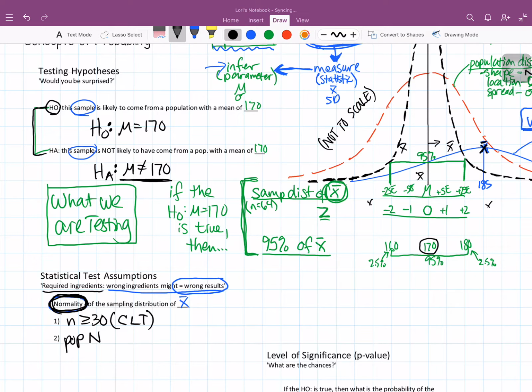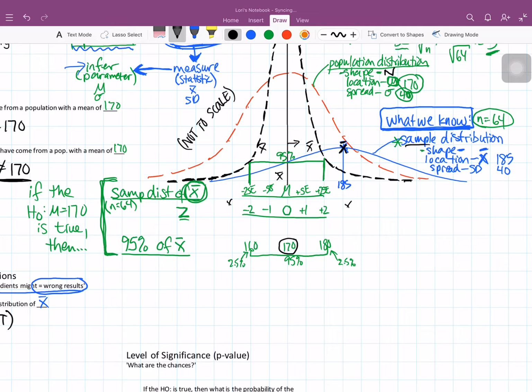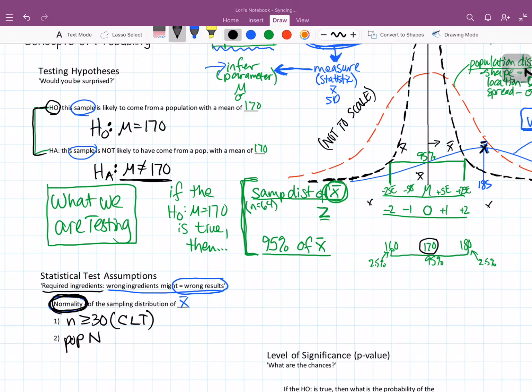Now, remember how we said we don't have the population distribution. The only thing we have is the sample distribution. But we also learned that the shape of the sample distribution often mimics the shape of the population distribution. The problem with this is that when you have really small numbers, which is when the central limit theorem doesn't hold, then your sample distribution can also look pretty funky.